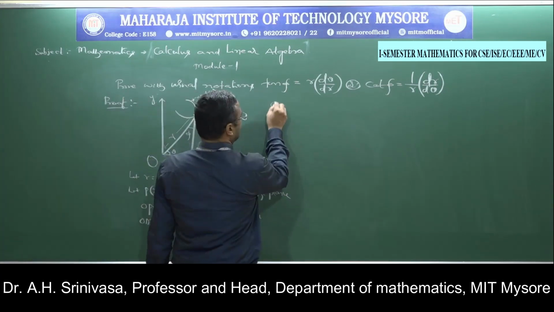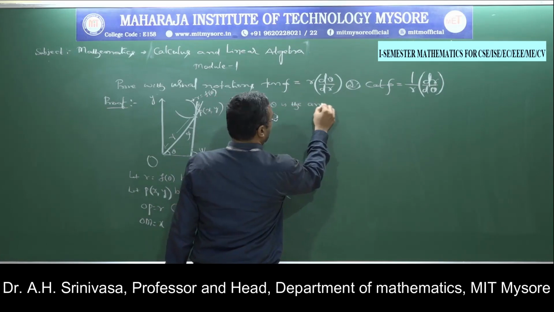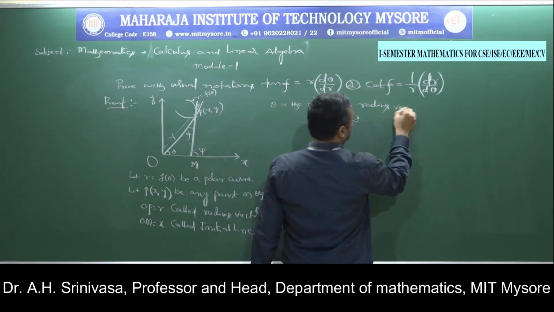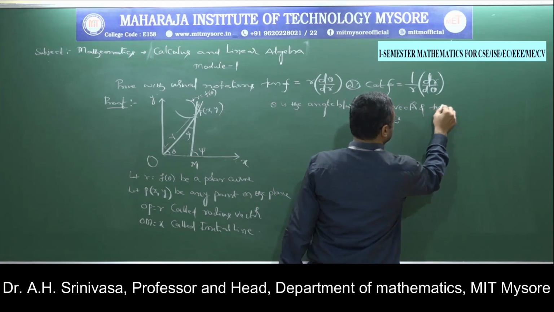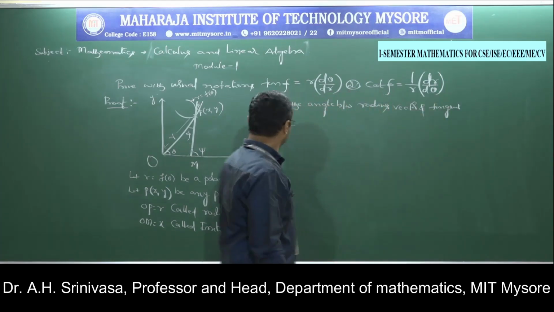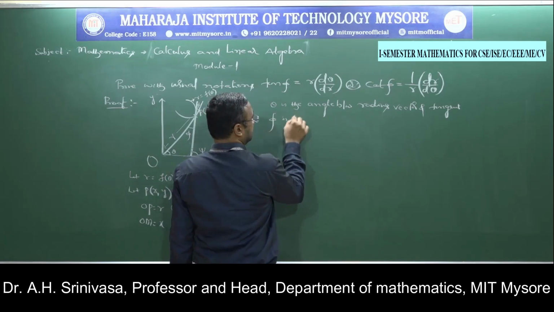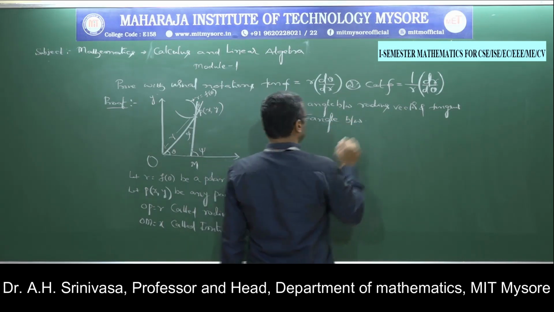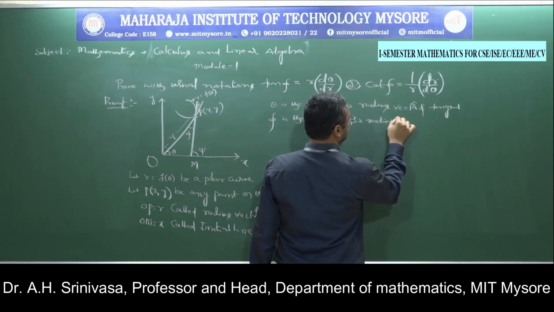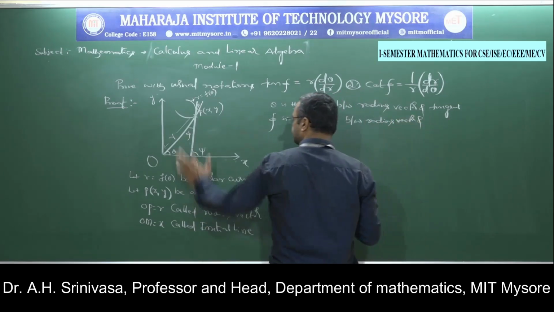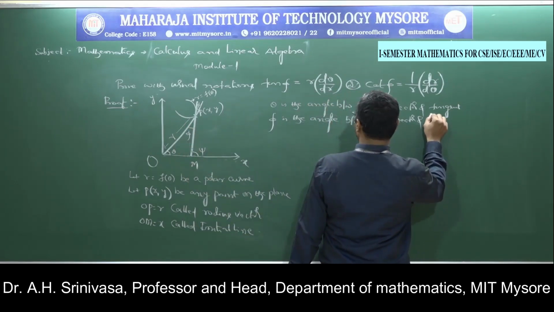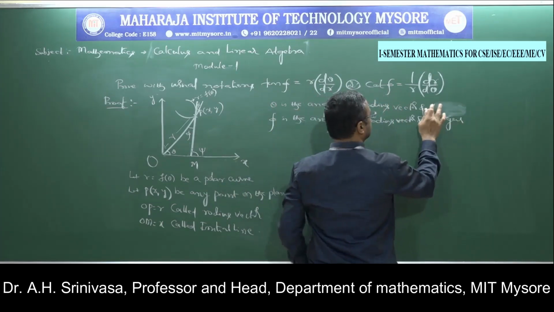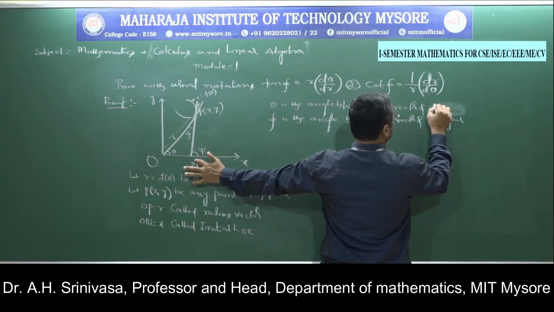So that one you can write down here. Theta is the angle between radius vector and initial line.